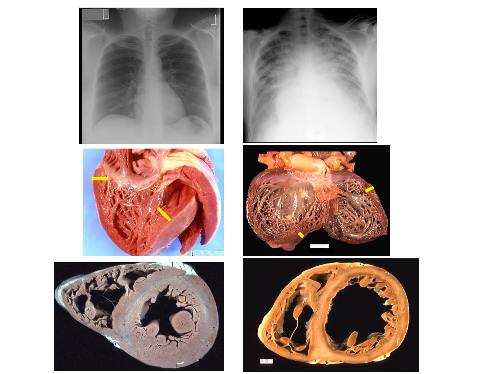Normal hearts on the left and congested cardiomyopathy on the right. So if you look at this in the normal chest x-ray, dilated cardiomyopathy, now you see a big dilated heart with increased markings in the lungs indicative of pulmonary edema.